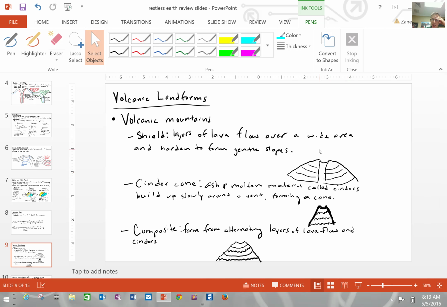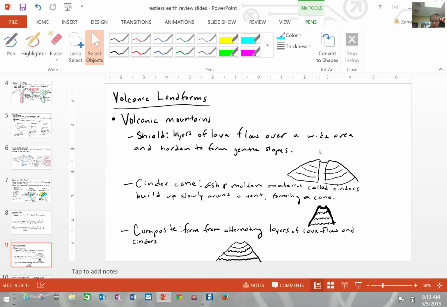The reason I put layers is because these volcanoes have gentle slopes that lava flows down over a wide area. So there's not really much room for building huge steep slopes. It's just a gradual flowing out of lava down a gentle slope, and we start to get layers of lava on each other. And we have this nice sloping volcano.